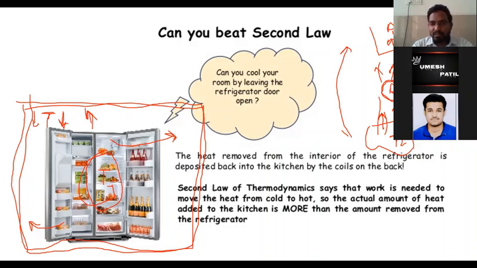And because of that one, the heat rejected to atmosphere is going to be always more compared to amount of heat absorbed from here. If you keep the door open, instead of cooling that room, its temperature will start increasing.